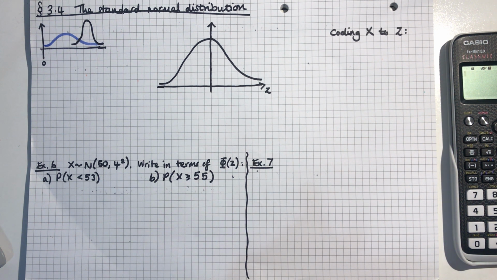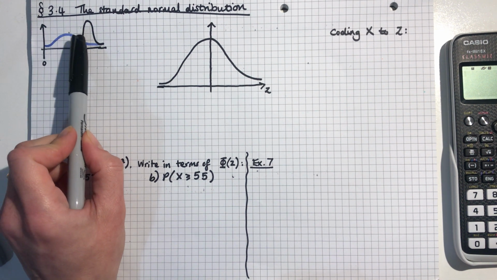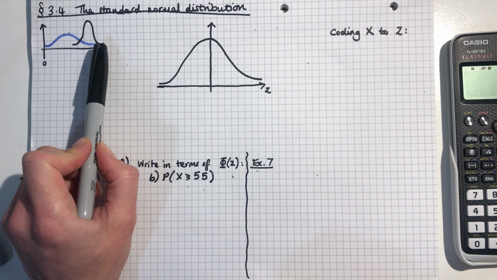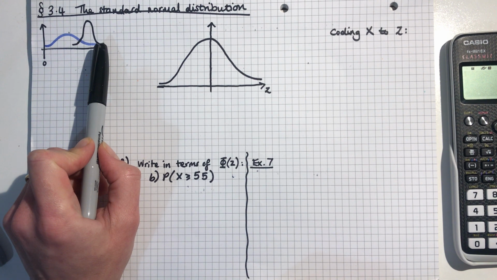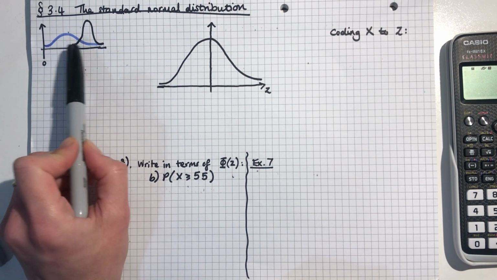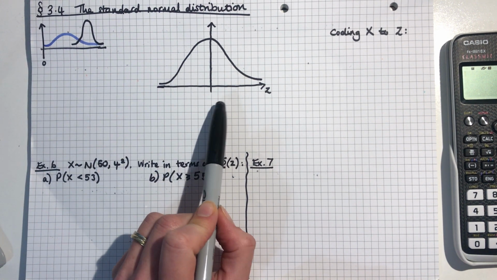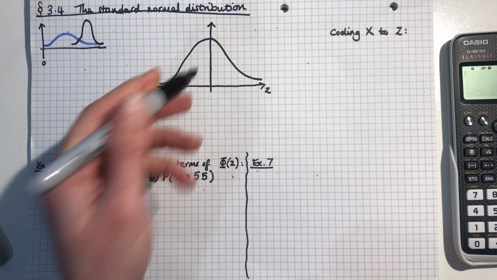So the process of standardising the normal distribution looks like this. You take the normal distribution that you're dealing with, we call it X, capital X, and first of all you shift it left or right so that its mean is now located at 0.